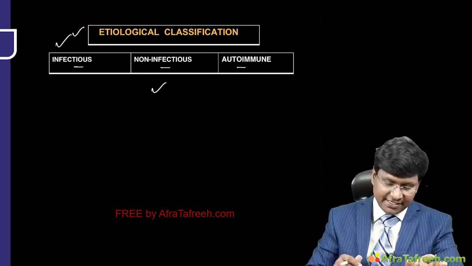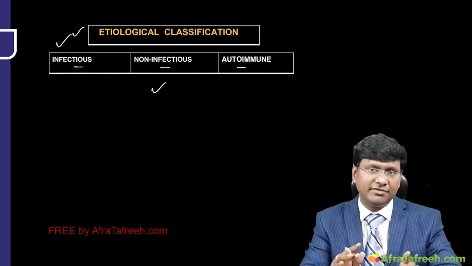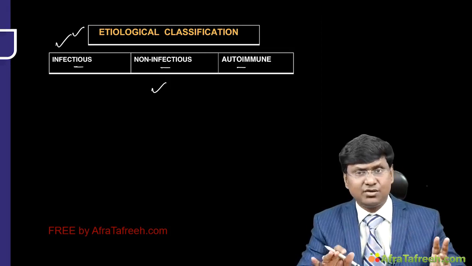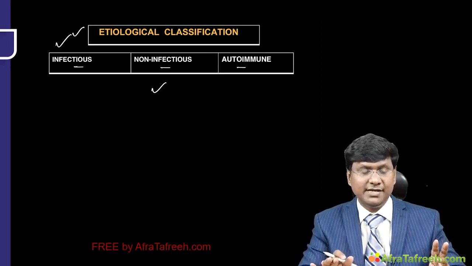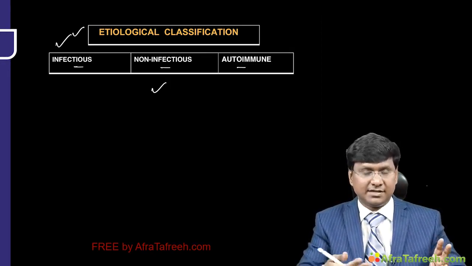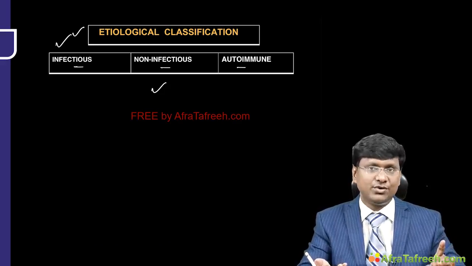And how do you classify the etiology? Infectious, non-infectious, and autoimmune. Among the infectious, the most common is viral infection. Among the non-infectious, we have collagen vascular disorders like SLE, systemic lupus erythematosus, rheumatoid arthritis, and scleroderma.